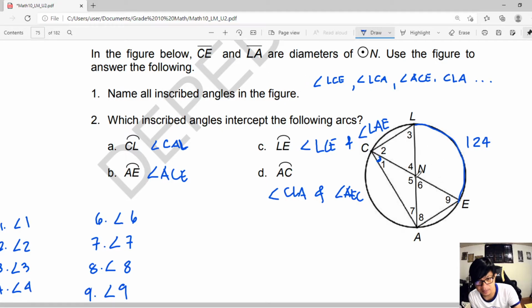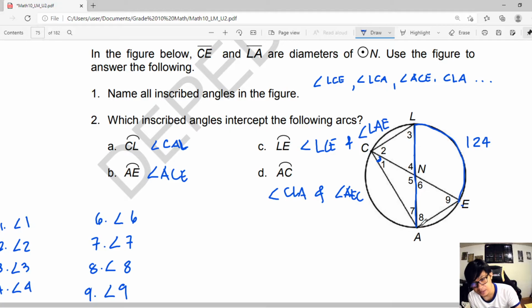Ibig sabihin, nahati niya ang circle into 2 equal parts. So, ang measure ng arc na ito is 180, ang measure naman nito is 180. Now, ang hinahanap natin is ang measure ng angle 1. The intercepted arc of angle 1 is arc AE.